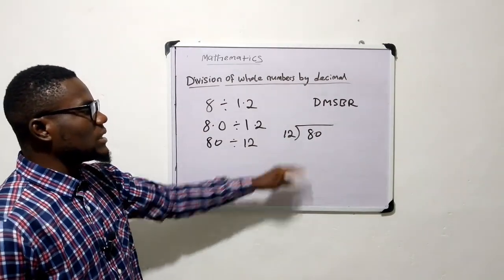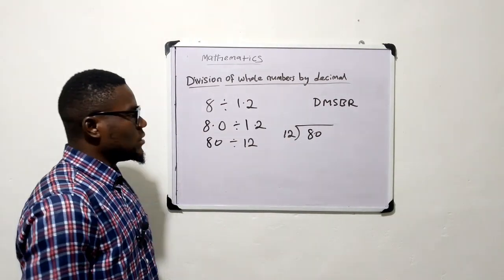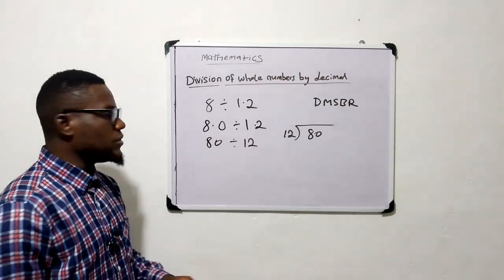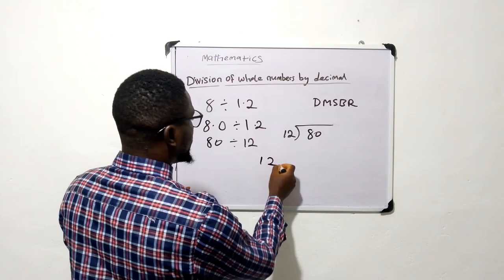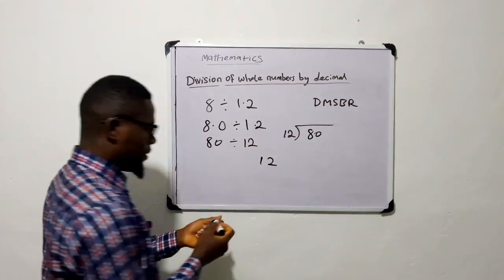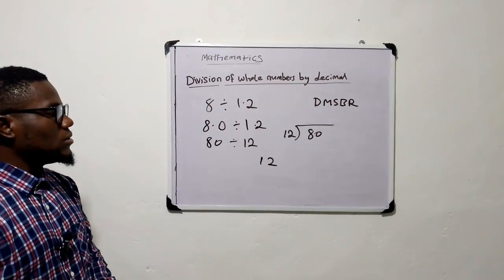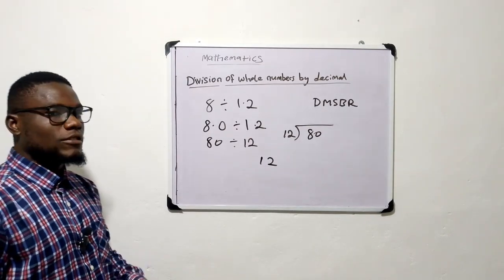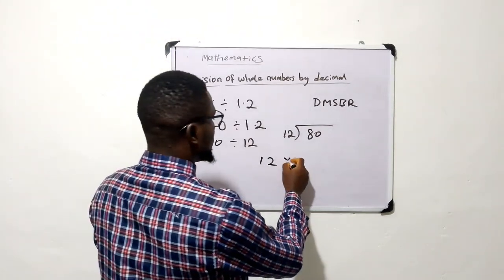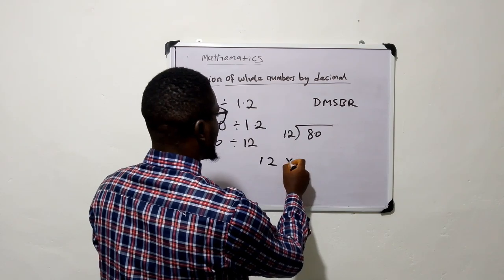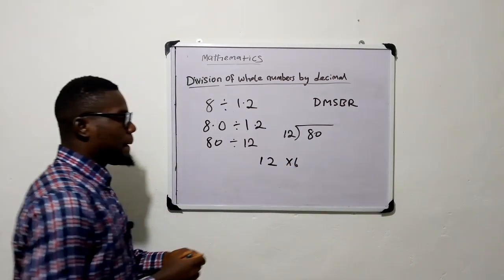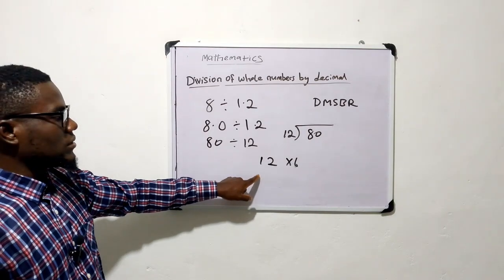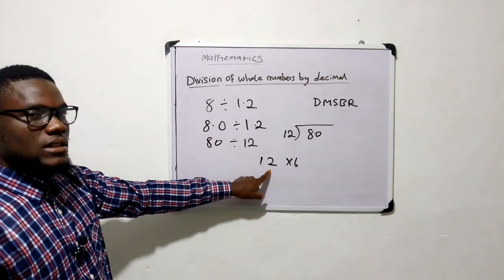That is, we're going to take these two digits at the same time. But for us to do so easily, you have to use this trick. You have 12 here. Let's assume that we want to multiply this 12 by 6. This is in tens position, then this is in ones position.